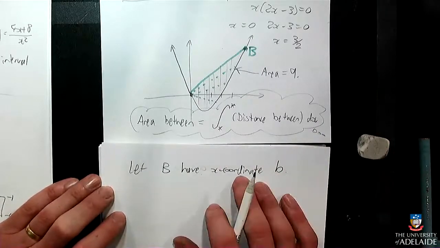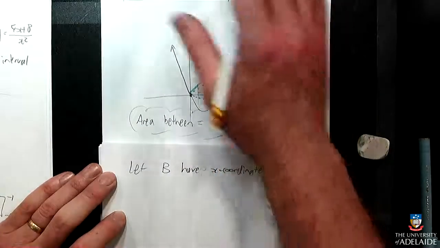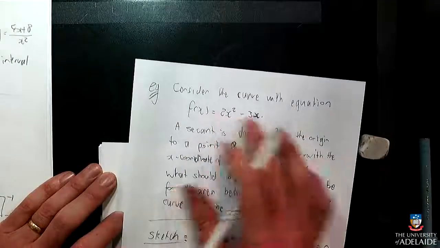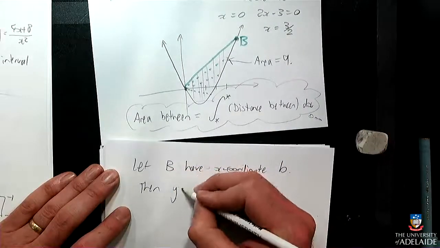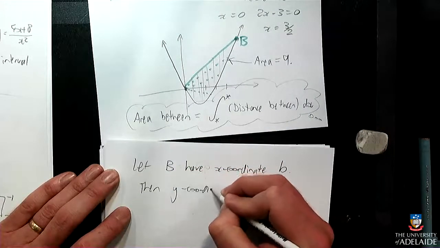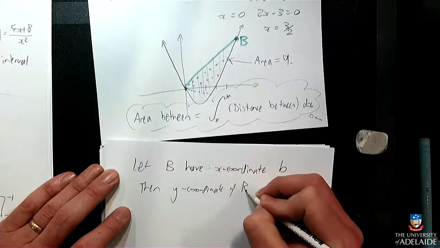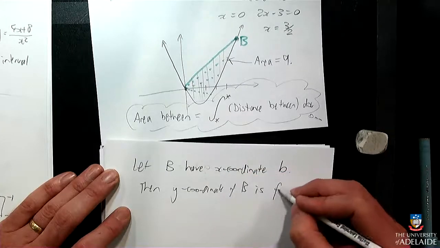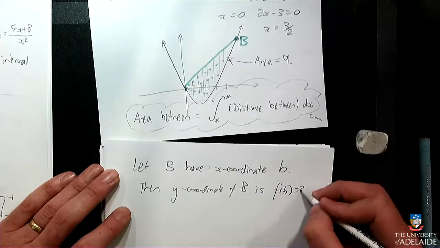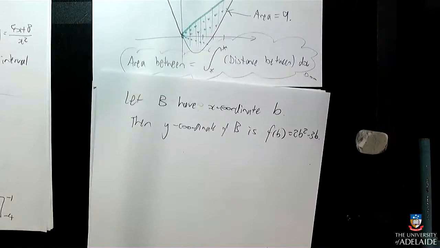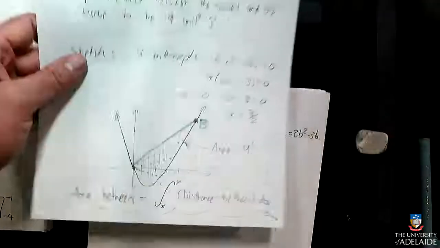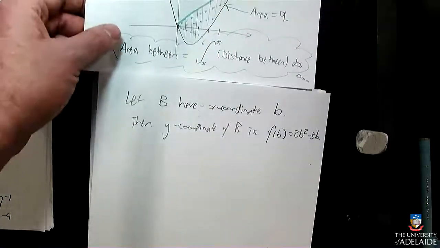And then the y coordinate, since B is on this curve, the y coordinate should be given by that function. The y coordinate of B is f of b, which is 2b squared minus 3b. Okay, cool. That's great. So I guess I could add that to my picture if I wanted.